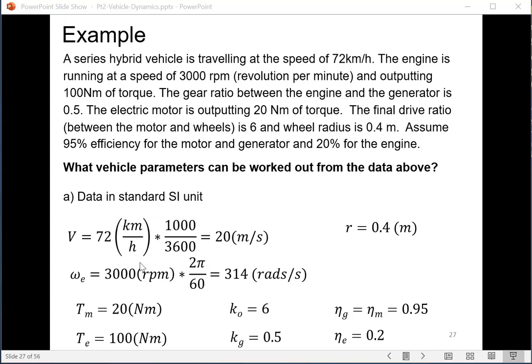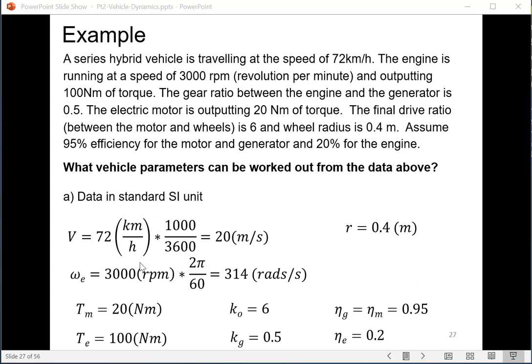That's revolutions per minute. Again, we need to convert that into a standard SI unit. For the angular velocity, the standard SI unit is radians per second. Revolutions per minute is revolutions divided by minutes. On the top is revolution.